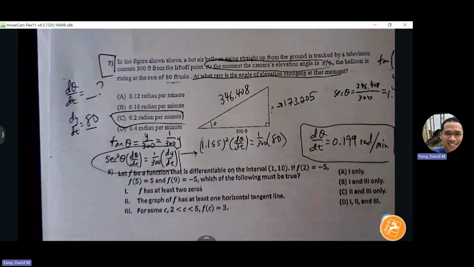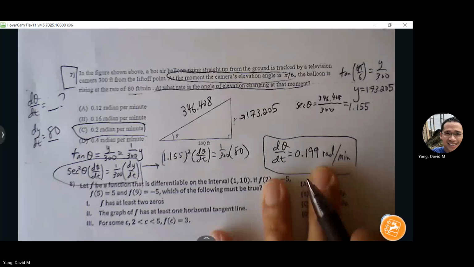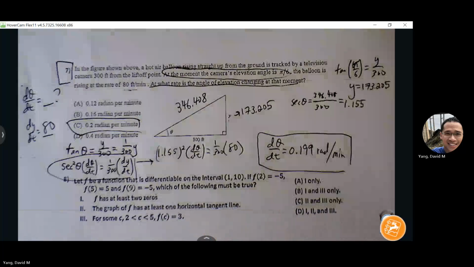Yes, question. Is this how long one multiple choice problem would take? Some are a little bit longer than others, so they all vary. Some are just 2-3 steps, others are a little bit longer. On the AP exam, the non-calculator section is going to be 30 questions in 60 minutes.